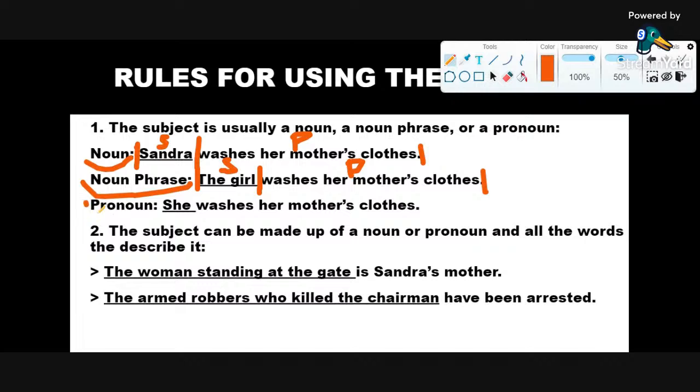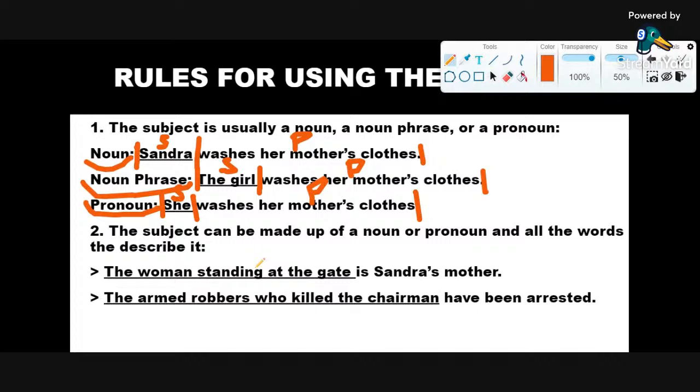And when we use a pronoun, we use the word she, still doing the same job of the subject. And then washes her mother's clothes is the predicate. So you can see that the subject is usually a noun, a noun phrase, or a pronoun.